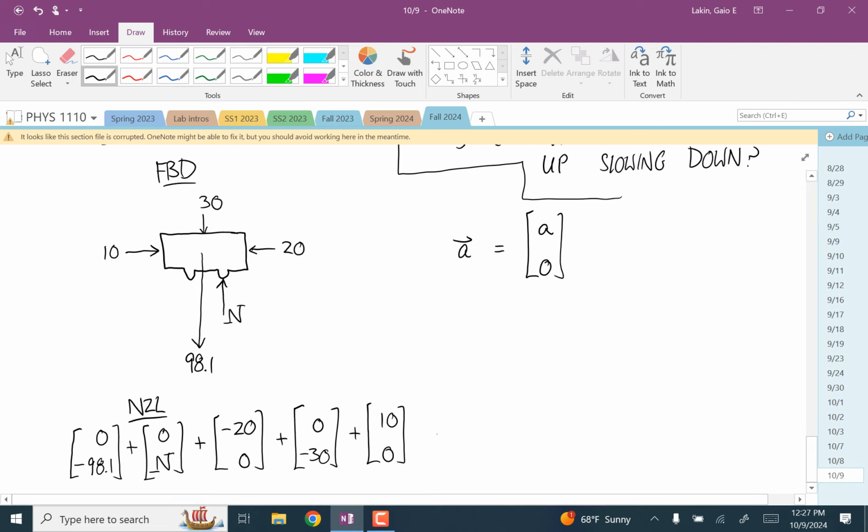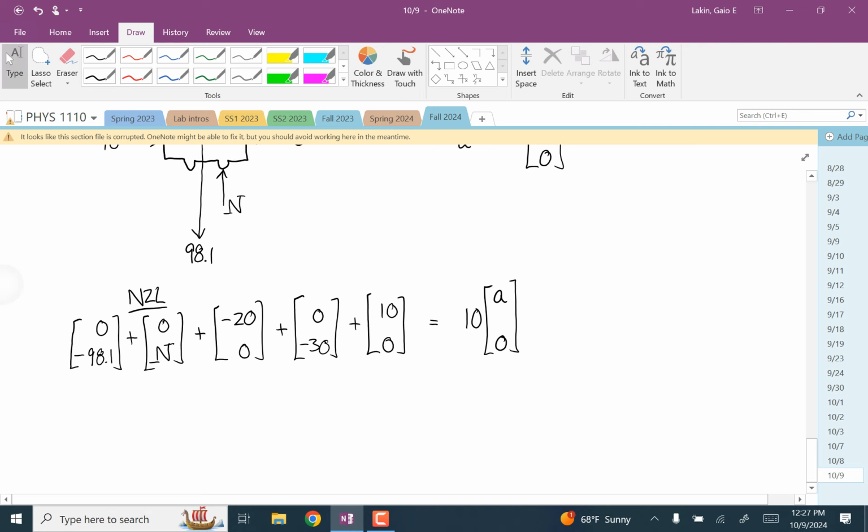And now we set these equal to the mass of 10 times the acceleration we just determined. And we have two equations again. The x equation says 0 plus 0 minus 20 plus 0 plus 10 is equal to 10a.